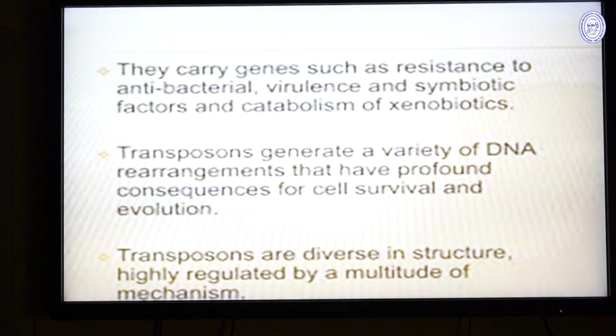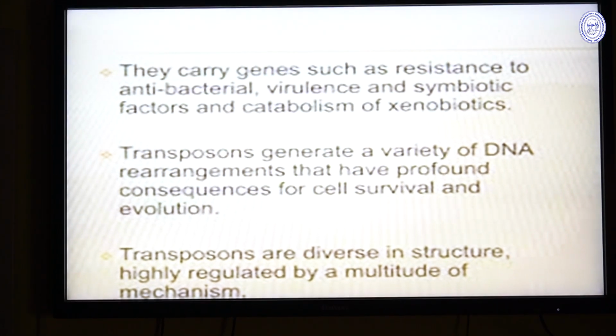These transposons generate a variety of DNA rearrangements that have profound consequences for cell survival and evolution. This is their basic significance: they help to convert many non-pathogenic bacteria into pathogenic ones and increase their virulence in a new environment with many stress factors, which helps the bacteria to survive more and evolve into the new generation.